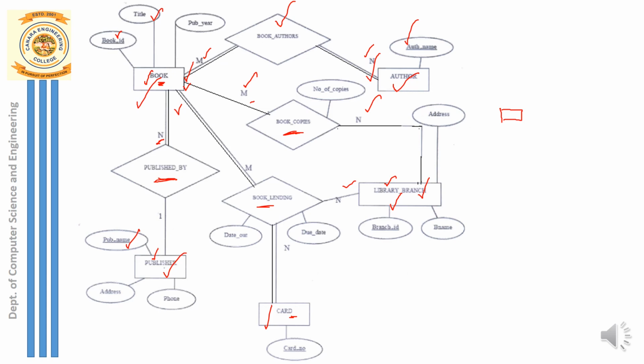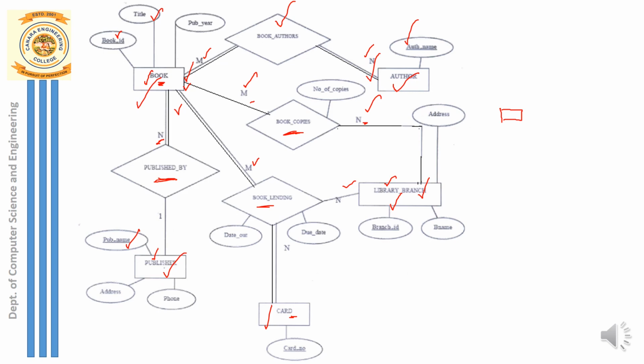So we have taken M from the book side. What about the library side? One library can have the DBMS book, your networks book, the ATCI book, multiple copies of various books in each library. That is why N is taken from the library side. So M:n is the ratio. Similarly, this also you can analyze on your own.